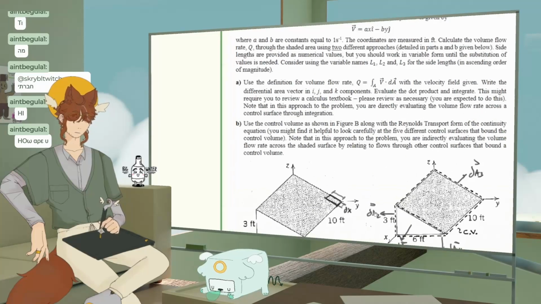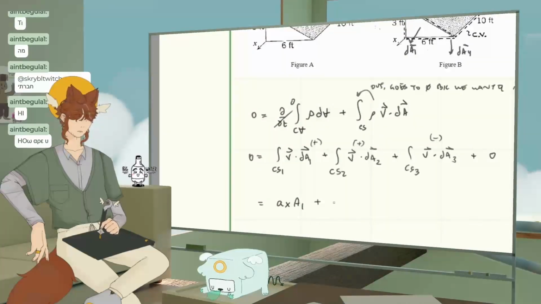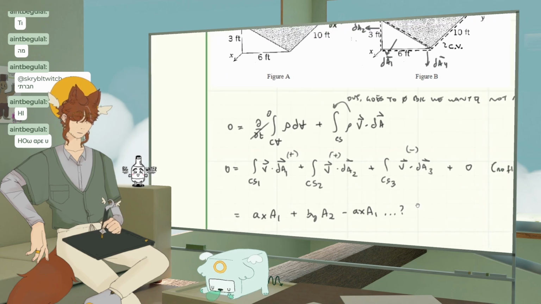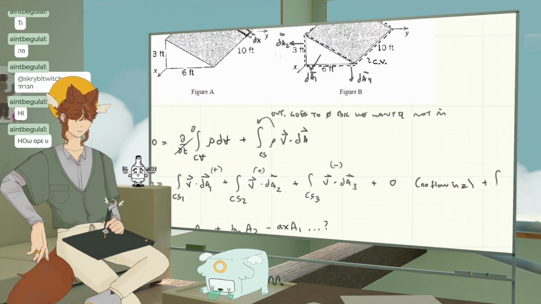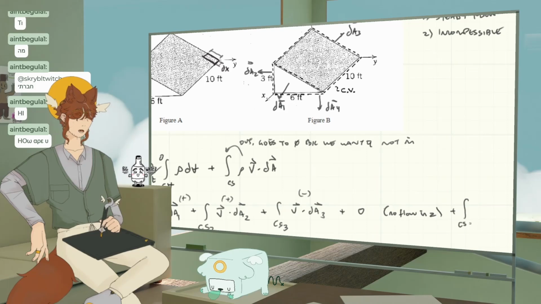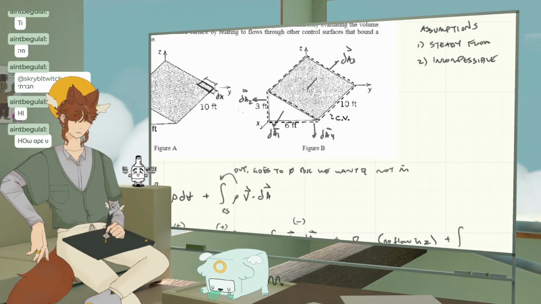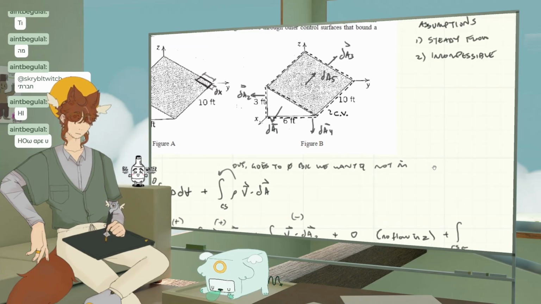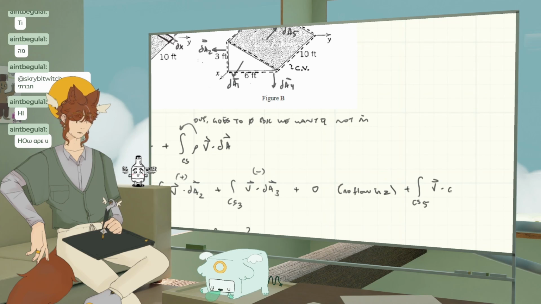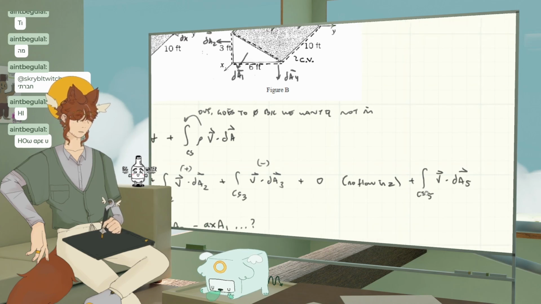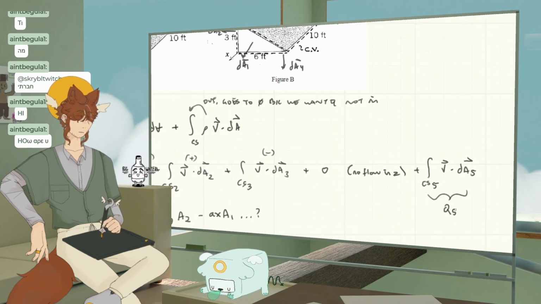I guess it would just be BY A2 minus AX A1. Wait, plus CS5 V dot dA5. But this is Q5.